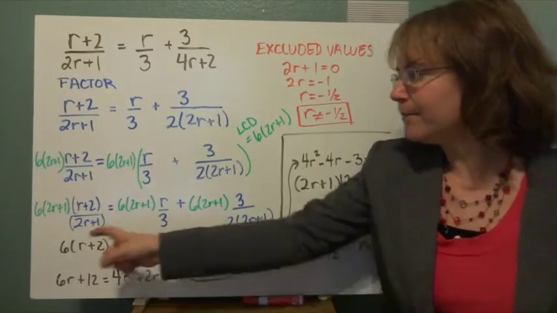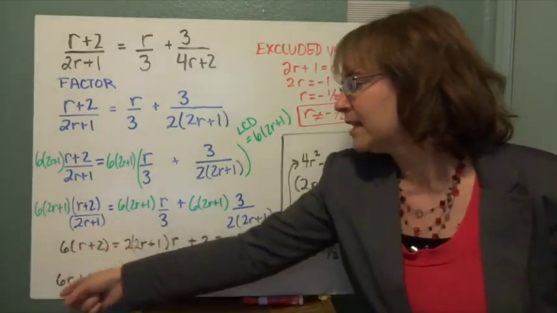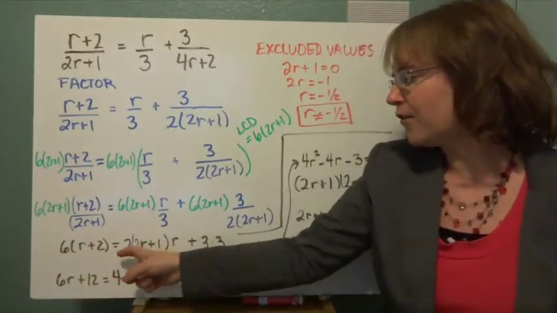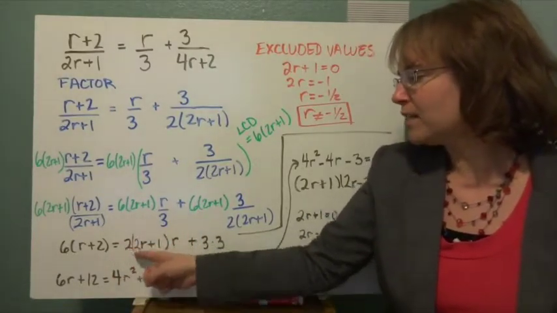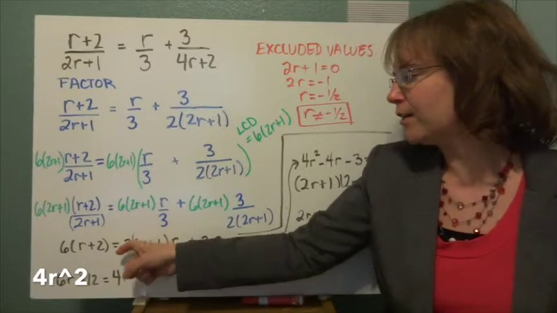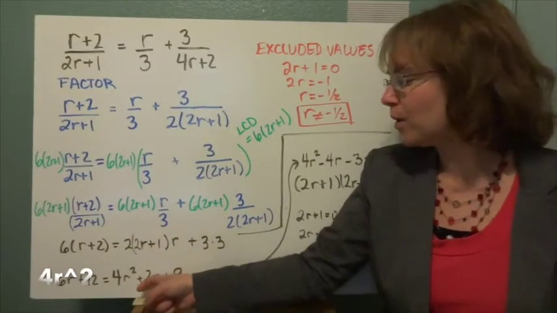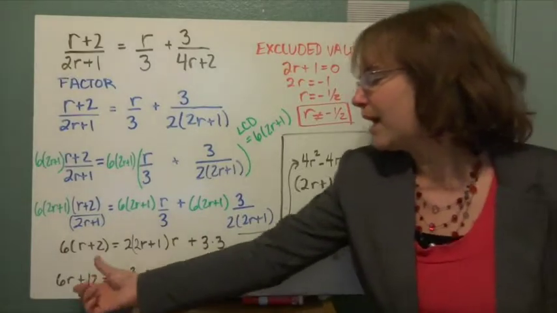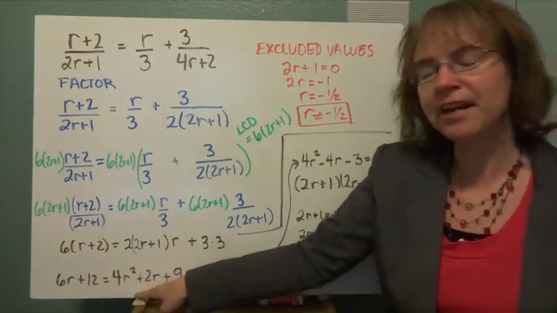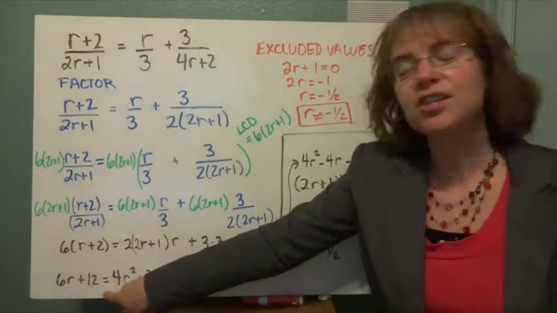Now, distributing, I can distribute the 6r plus 12 equals, and then I'm going to distribute the 2 and the r together. So 2r times 2r is 2r squared. 2r times 1 is just 2r. And then plus 9. So I have an equation now. It's a quadratic equation, and I want to solve that.